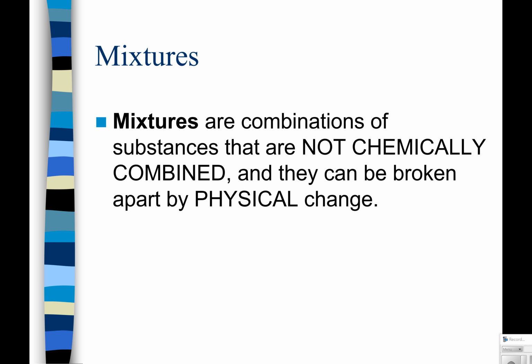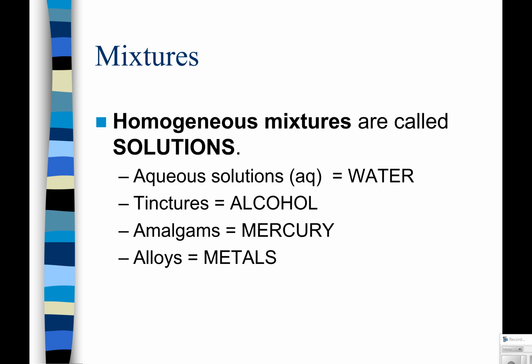But mixtures are not chemically combined together. They can still be broken apart by physical change. So we can take advantage of a mixture's physical properties to separate components in a mixture. Just depends on the type of mixture we have and what techniques we'll use.